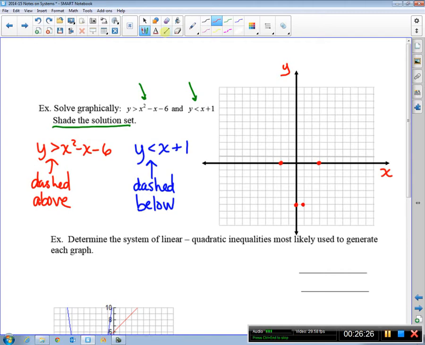Looks good. 1, 2, 3, 4, 5, 6. I want you to graph as neatly as you can. Use your table to get some good points.